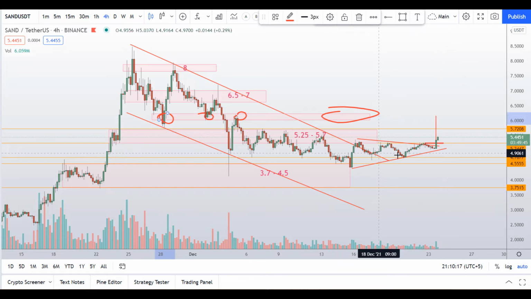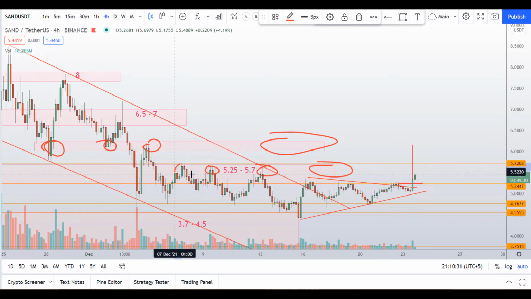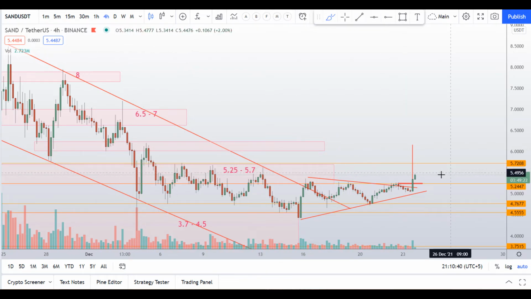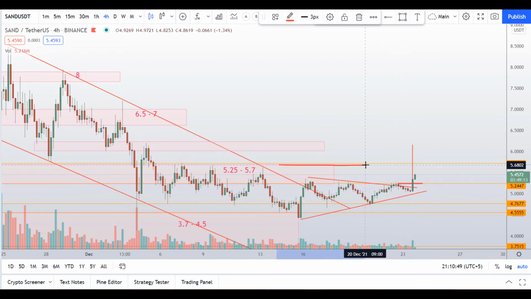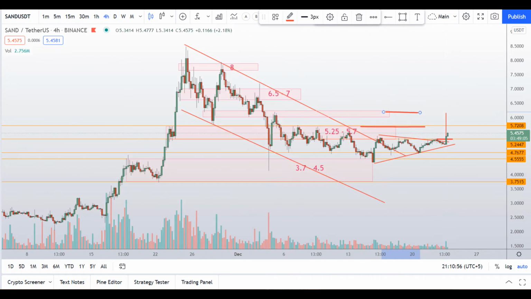And if you guys want to target the conservative one, then this is the nice area, which is around the $5.7 range here. As you can see, this was also a nice support resistance area all the way. So if you guys took a long entry at this breakout, based on the videos that I made, you can take the first target here, the second target here at around 6.2, and the third target I'm going to give you like this.